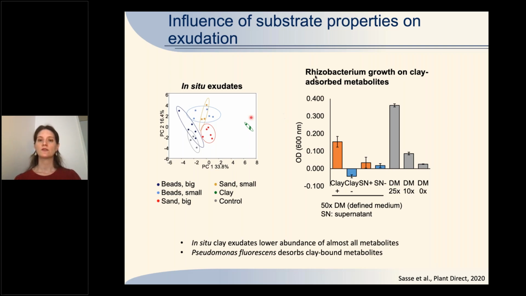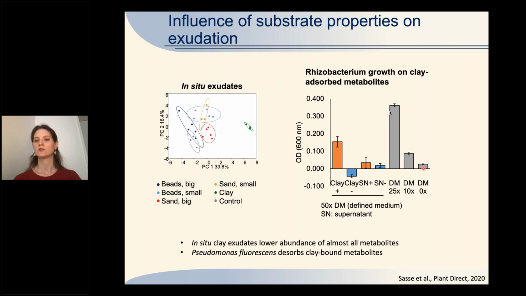So we took a rhizobacterium that we had in the lab at that point and added that bacterium to different sources of clay. That's the growth control with the defined medium that we mix together, which is based on compounds that are found in root exudates.